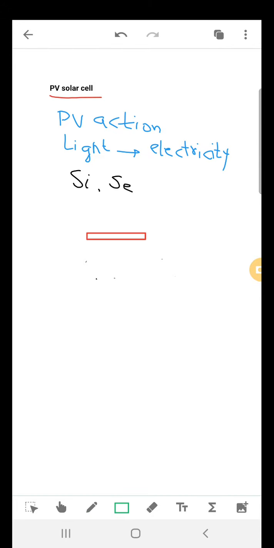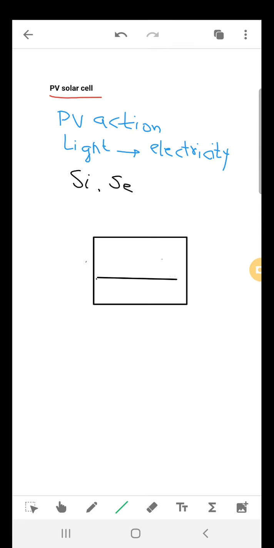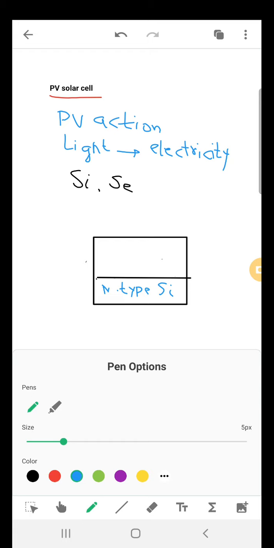You have an N-type silicon here, and you have a glass surface at the top.